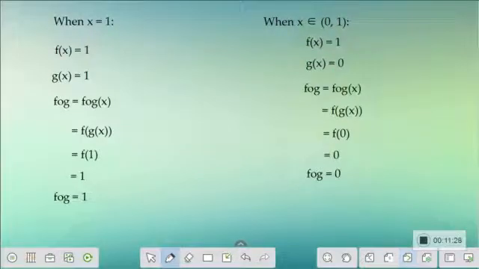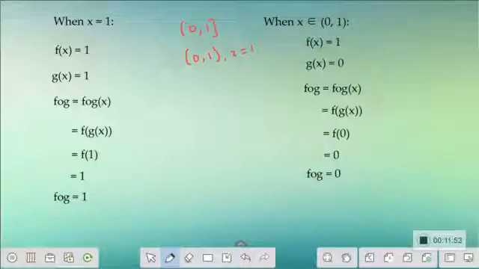Now here we have a few cases. Since the interval is open at 0 and closed at 1, we are distributing the cases as one is the complete open interval (0, 1) and the other is x equal to 1. So we are considering two cases here.